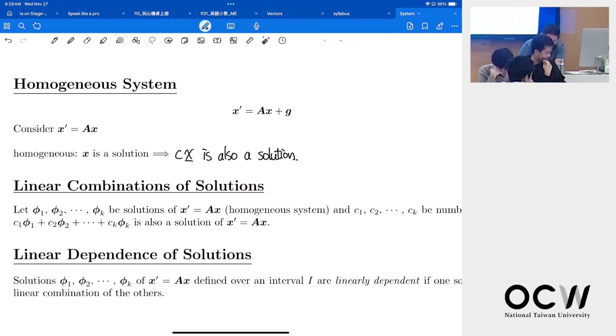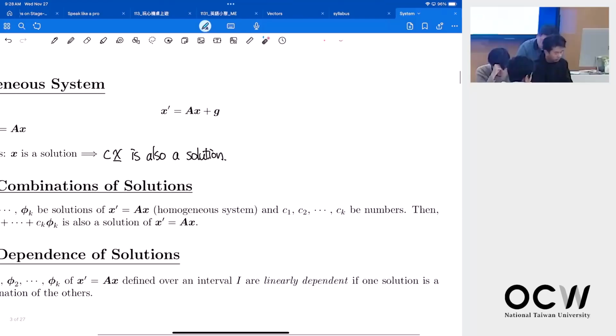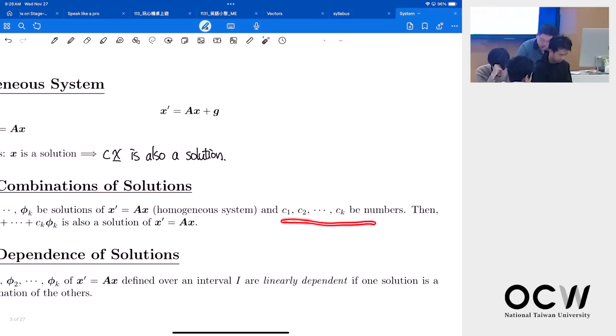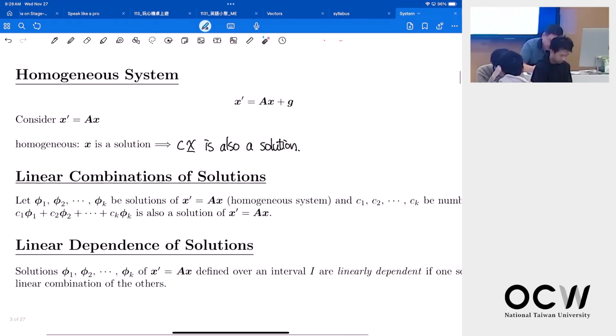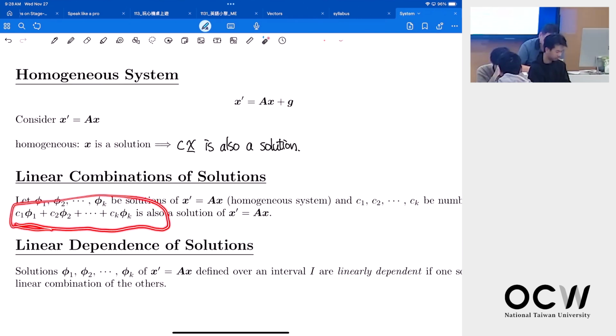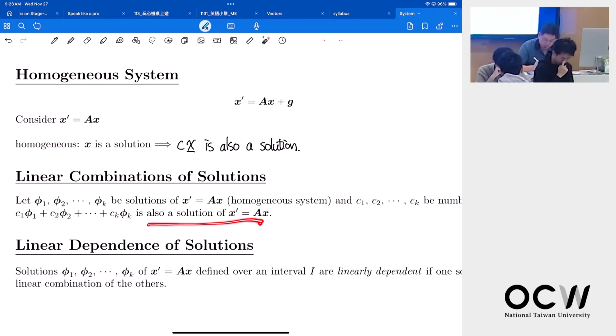If phi 1 to phi k are solutions of this homogeneous system x prime equals Ax, and I have coefficients c1 to ck, then the linear combination c1 phi 1 plus c2 phi 2 up to ck phi k is also a solution.